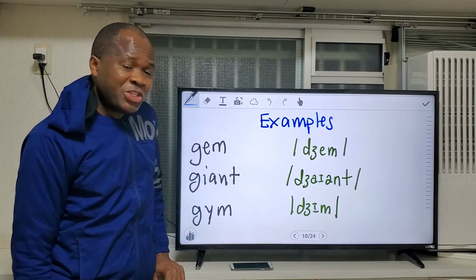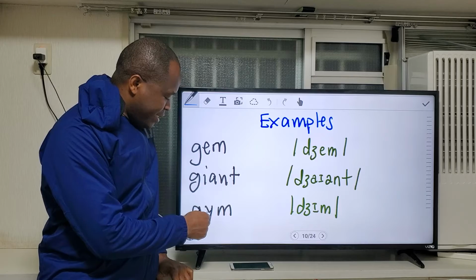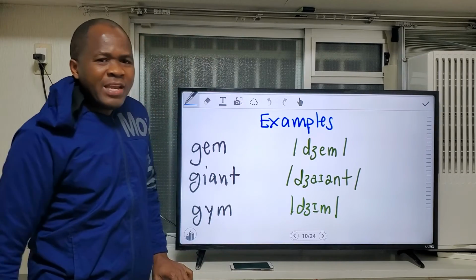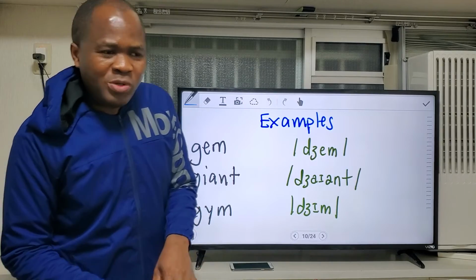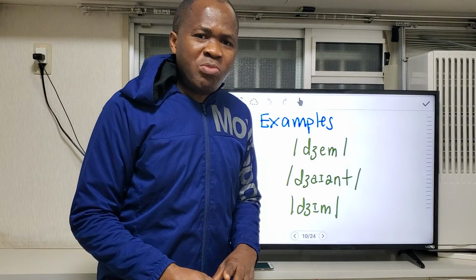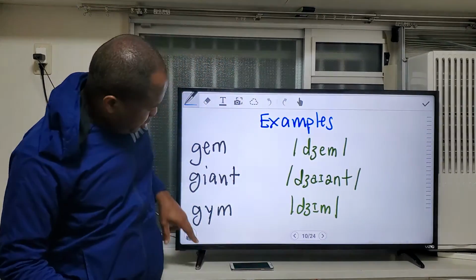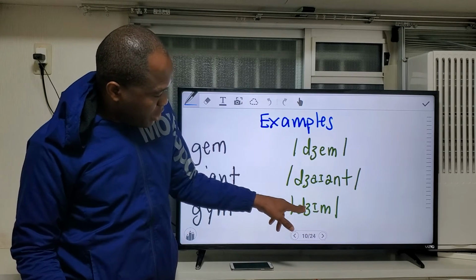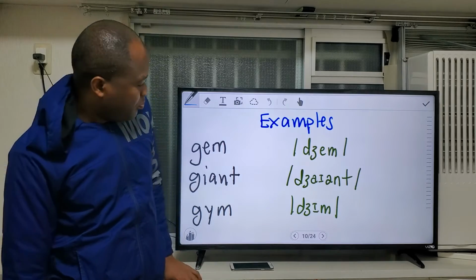If you look at the word gym, the G is immediately followed by the letter Y, and therefore it falls under the rule that this time the G should make the sound J. So we have the gym, G, Y, M, gym.